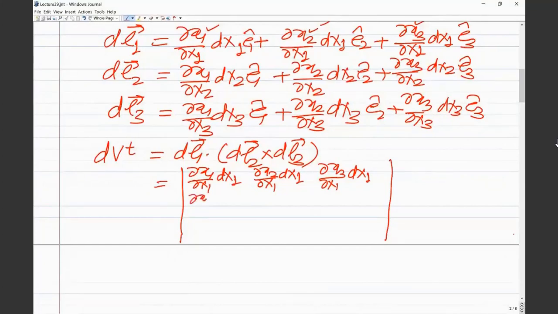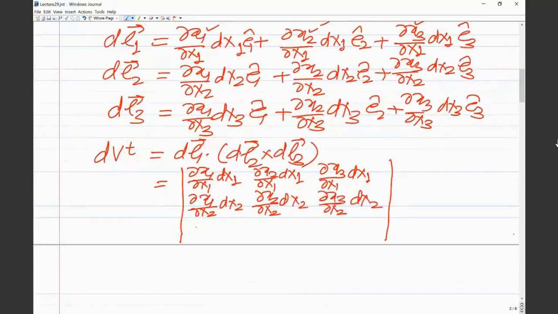then del x1 upon del X2 into dX2, del x2 upon del X2 into dX2. Please keep in mind that this is capital X2. And then del x3 upon del X2 into dX2.